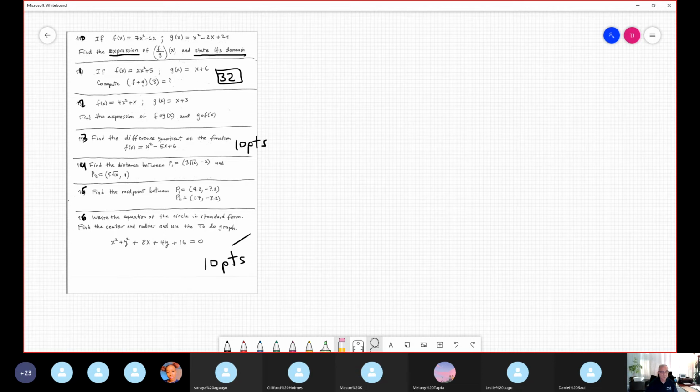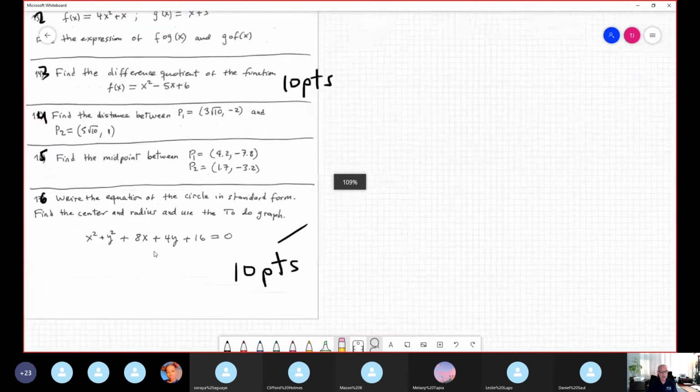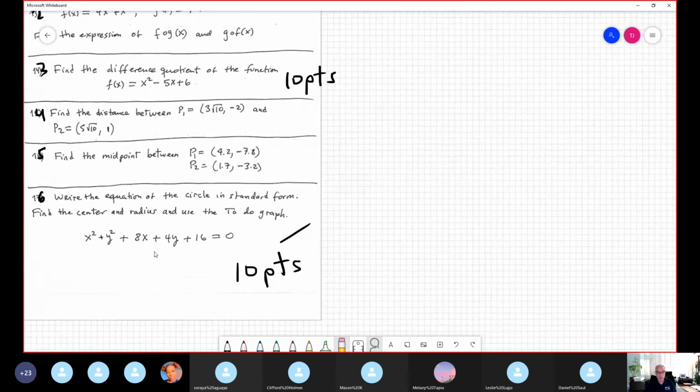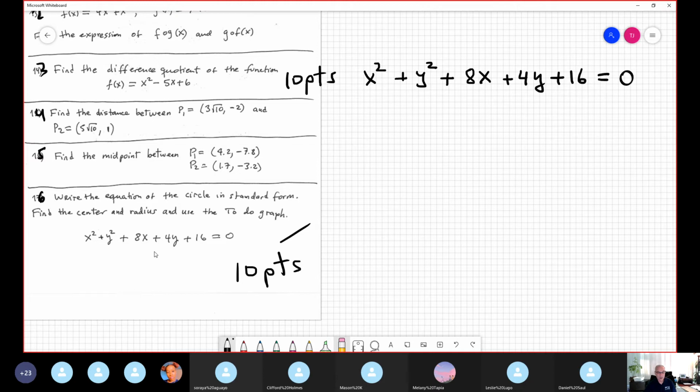The last question gets a little bit complicated. The equation of the circle is given, but in general form. I need to express it in standard form to understand where the center is.